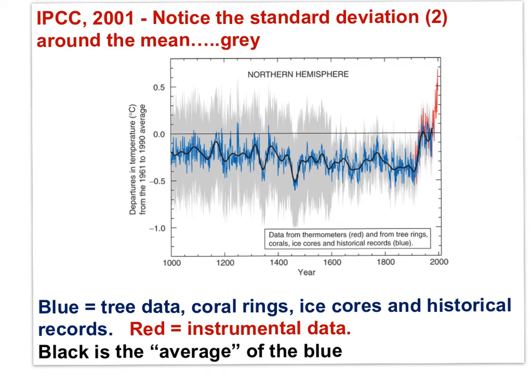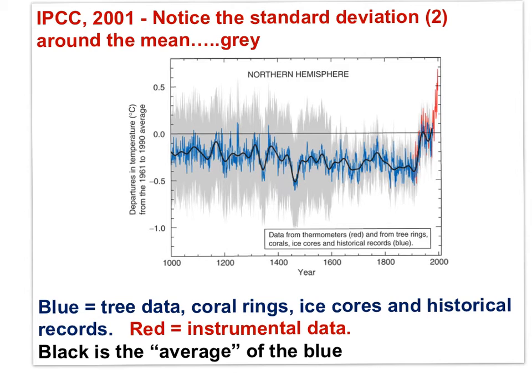Now, this is a very interesting graph put out by the Intergovernmental Panel for Climate Change in 2001, and the data in blue is the proxy data, tree data, coral ring data, ice cores, historical records, etc. The black line is the average of all that proxy data. This is what gets done.